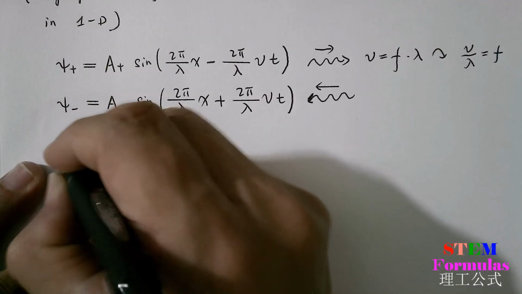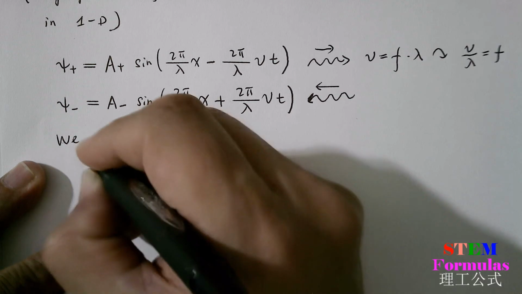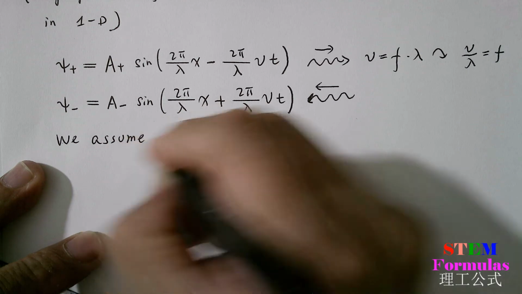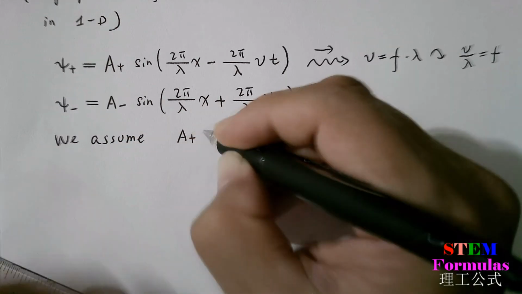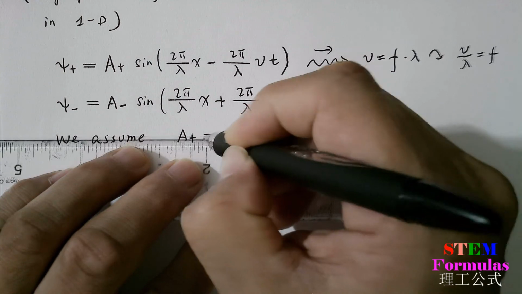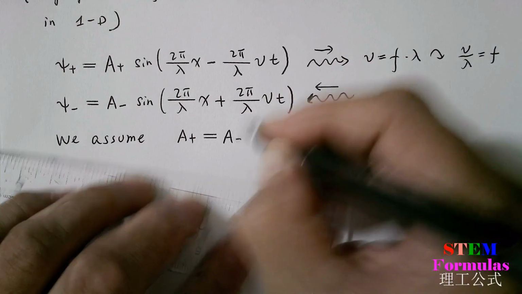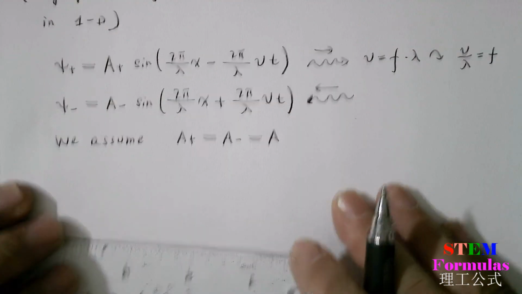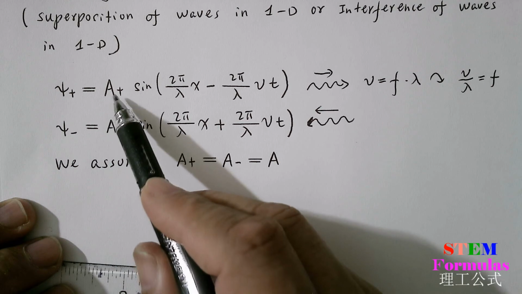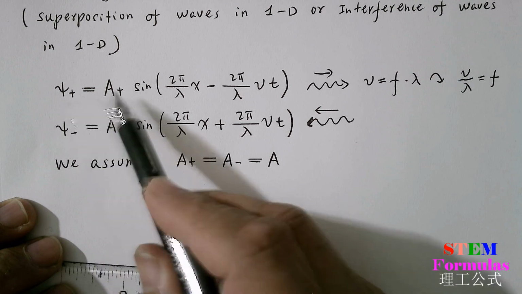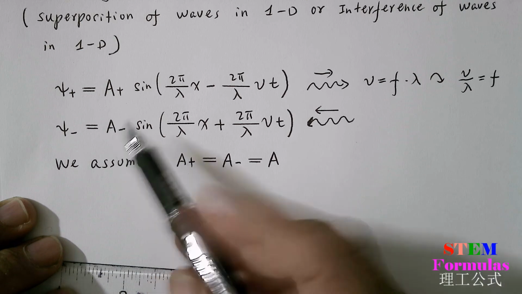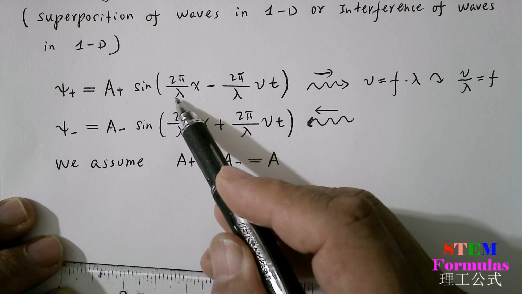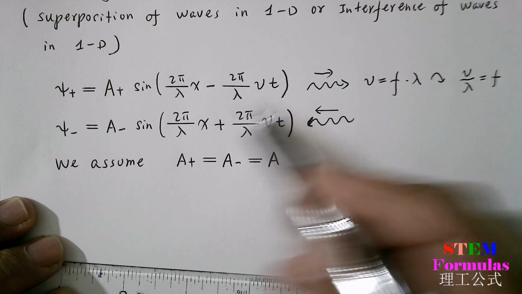Now we assume A plus equals A minus equals A. So these two waves have the same amplitude, the same wavelength, and the same frequency.